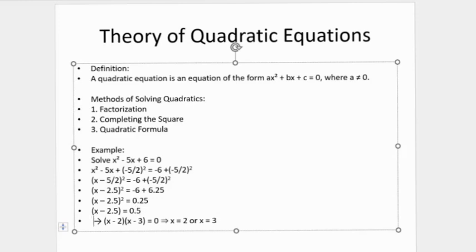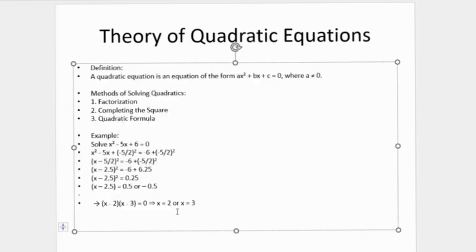So let me just write it out. Plus or minus 0.5, because a negative can satisfy your answer and a positive can satisfy your answer. So now, if you want to find what x is, you can either do 0.5 plus 2.5, which is going to give you 3, or minus 0.5 plus 2.5, which is going to give you 2.